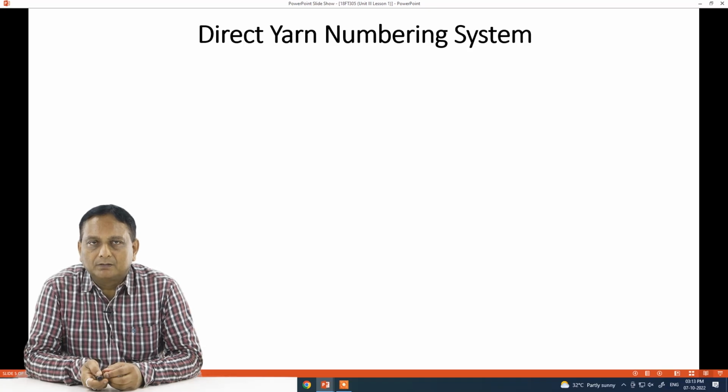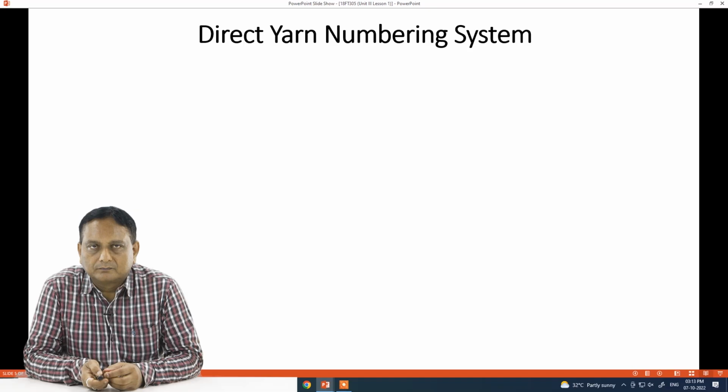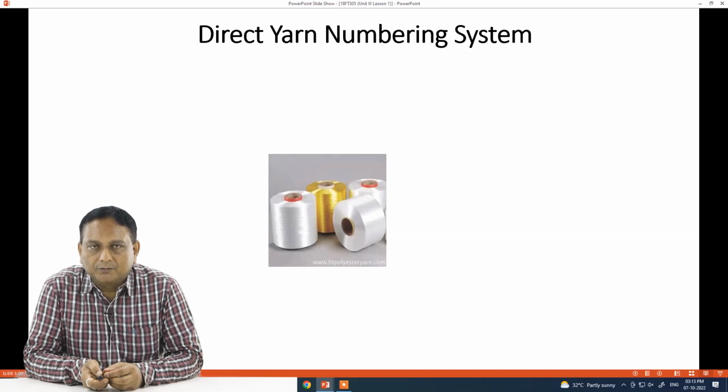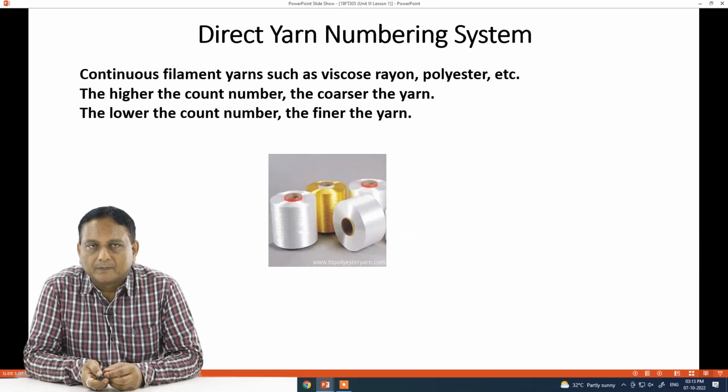Now let us see what the direct yarn numbering system is and what things are available in it. As you can see, it is a synthetic yarn package, continuous filament yarn such as viscose, rayon, polyester, etc. Here the count number is very important.